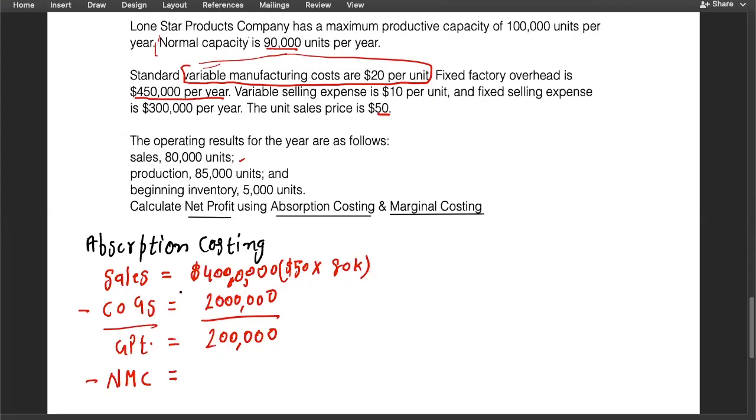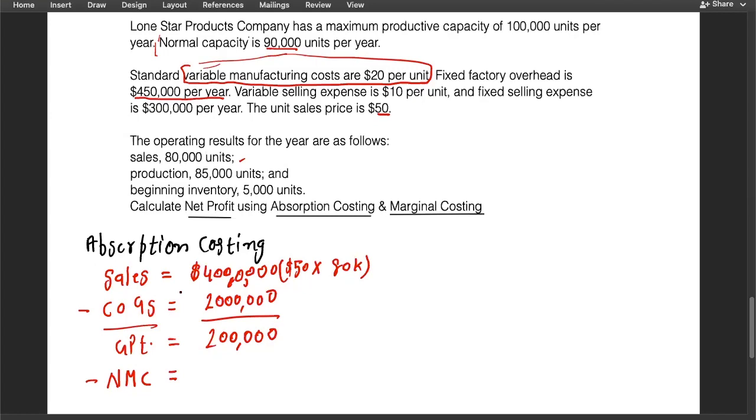No. Why did you do 300,000 divided by 90? Why do you need to do that? Because non-manufacturing cost, we do not calculate using production units.